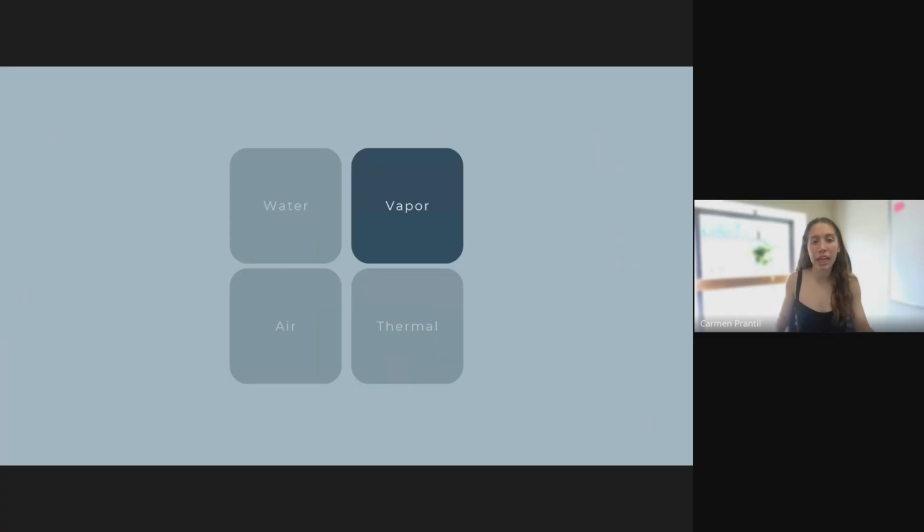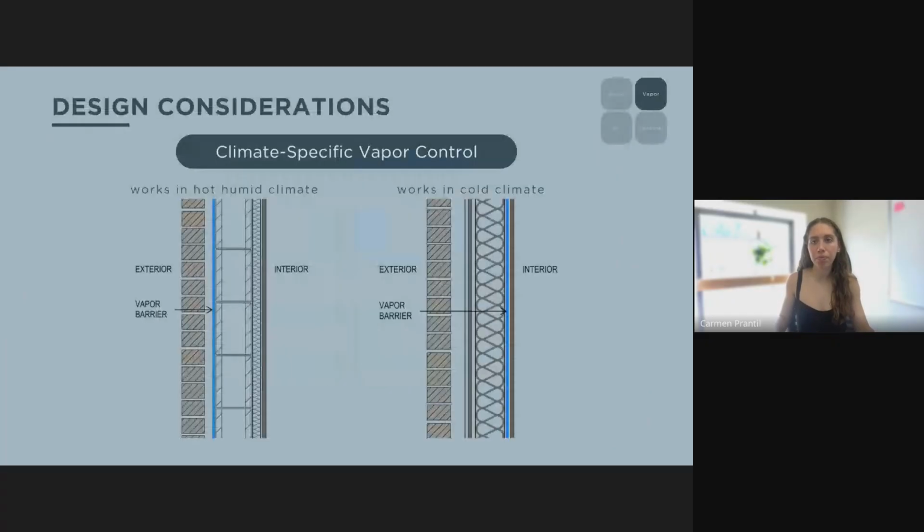Okay, we'll look now at vapor. So if we think back to the earlier slide on vapor drive and climate, because vapor flows in different directions depending on the climate that you're in or potentially depending on season, you have to be intentional with where you place the vapor barrier in your wall assembly. So the bottom line of this is don't place it on the wrong side of the assembly.